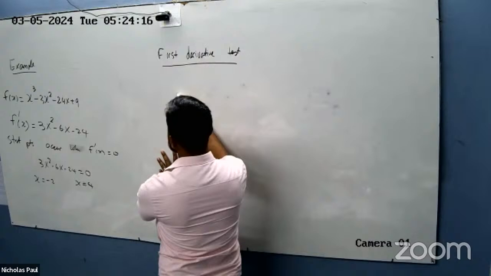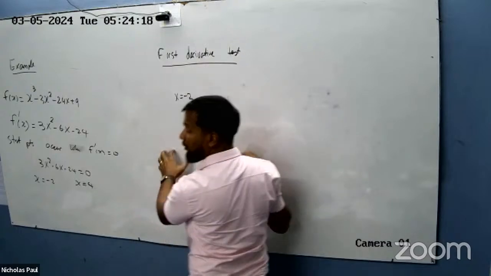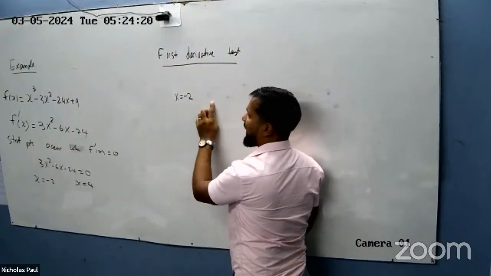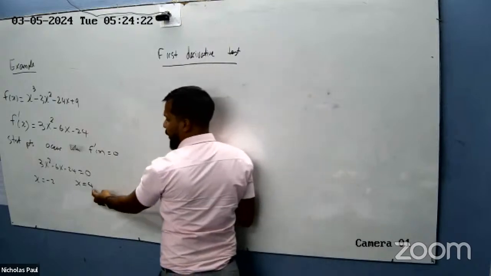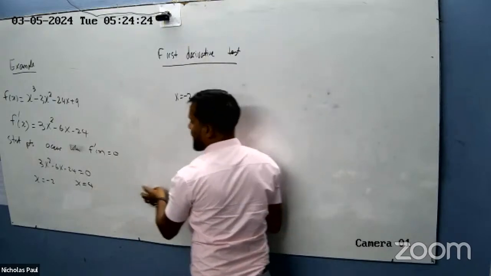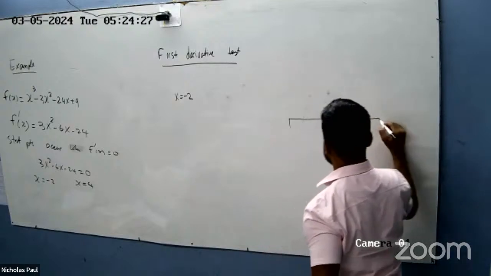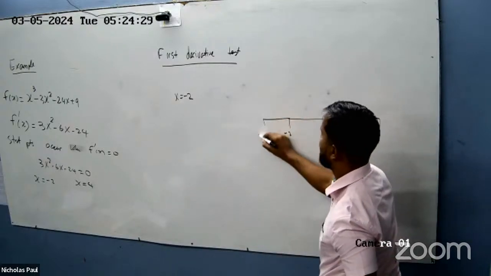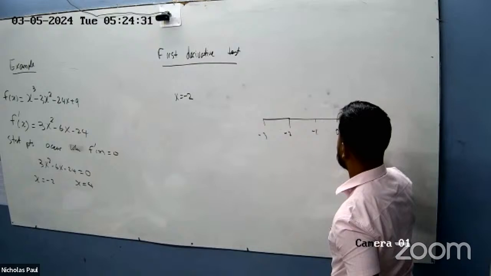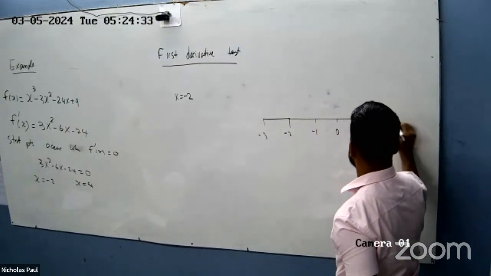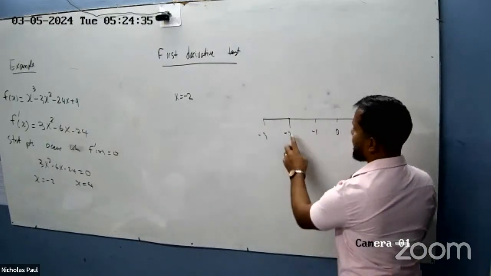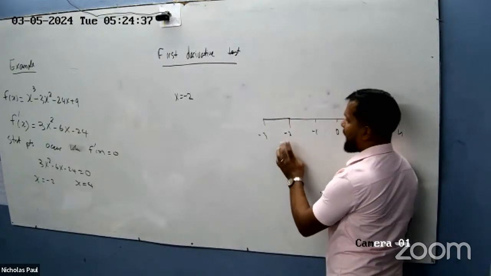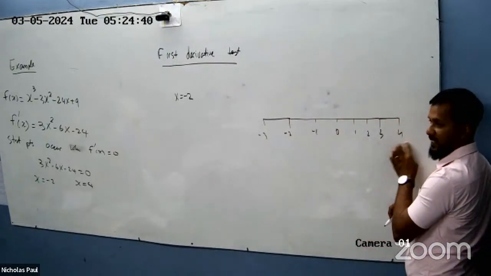So let's check out x is minus 2. Let's pick a value more than minus 2, but remember, you don't want to go into the boundary 4. You want to pick values around minus 2, but not all the way down to the next stationary point.